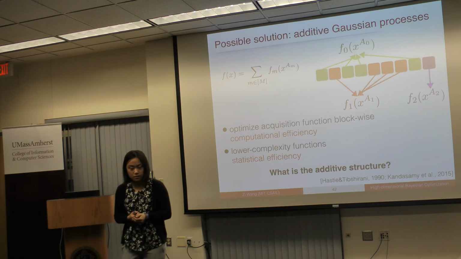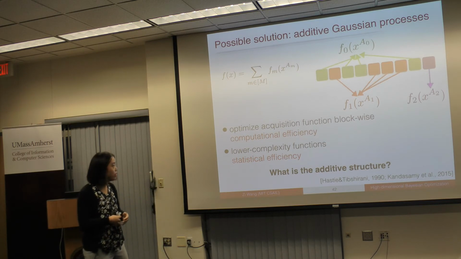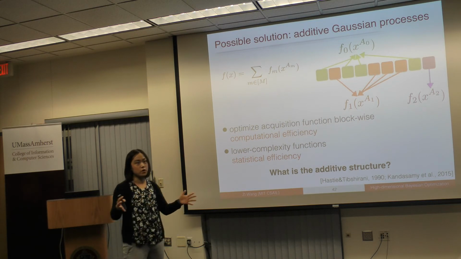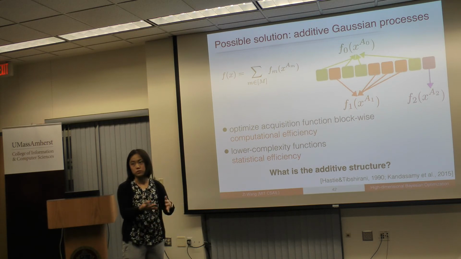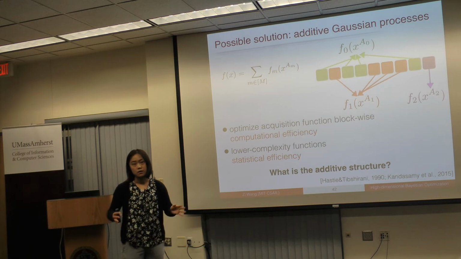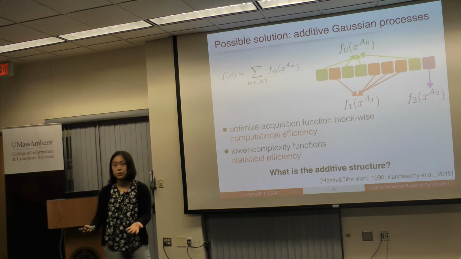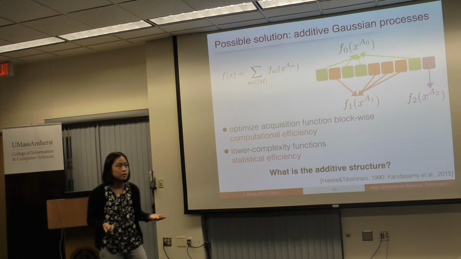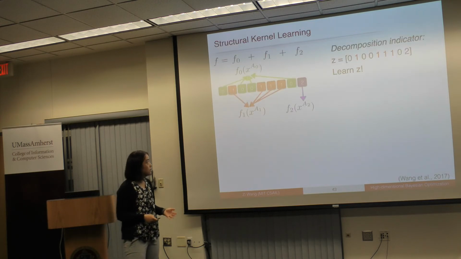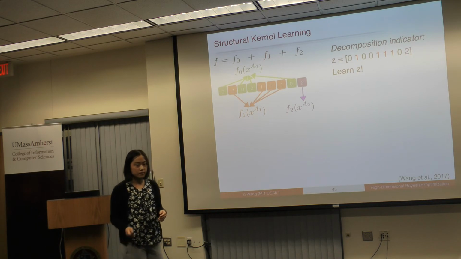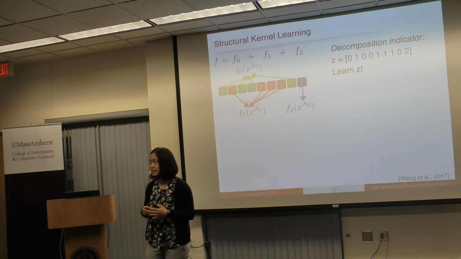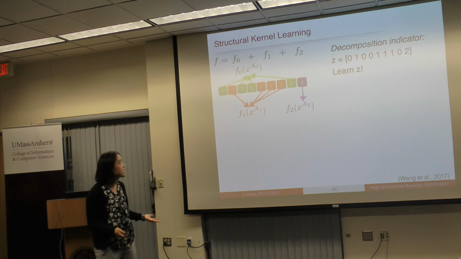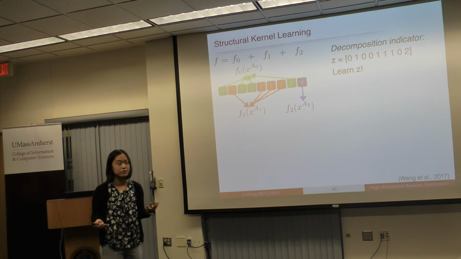But the question is, how can we get the additive structure? How do we know how this function decomposes into different function components? What are the input dimensions that each function component is active upon? In order to learn something, we need to come up with a representation of the thing we're going to learn.